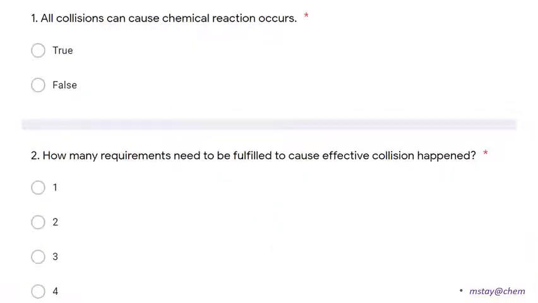And then we are at the second part of the question. All collisions can cause a chemical reaction to occur. The answer is wrong. Only effective collisions can cause the chemical reaction to occur. So how many requirements need to be fulfilled for an effective collision to happen?